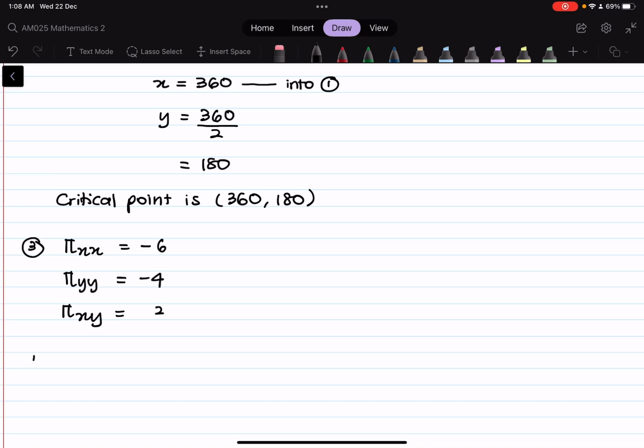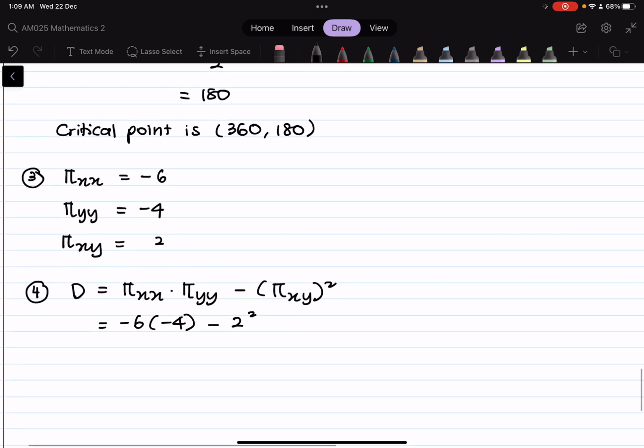What we're going to do next is use our second order partial derivatives to do the D-test, which is pi sub xx times pi sub yy minus the square of pi sub xy. So negative 6 times negative 4 minus 2 squared.